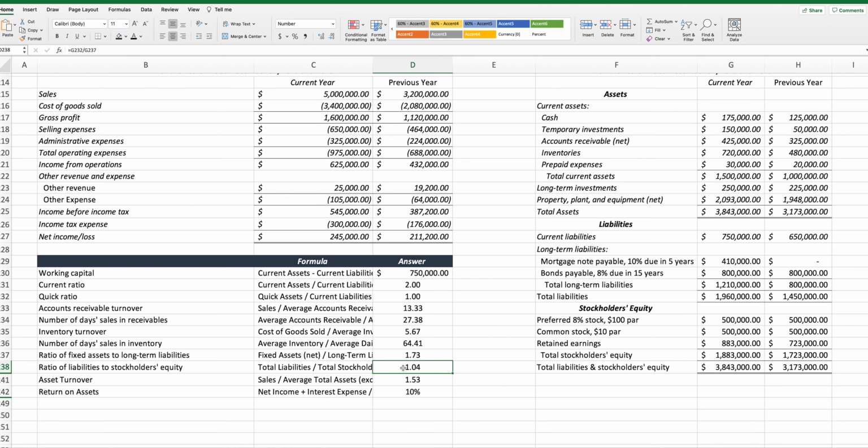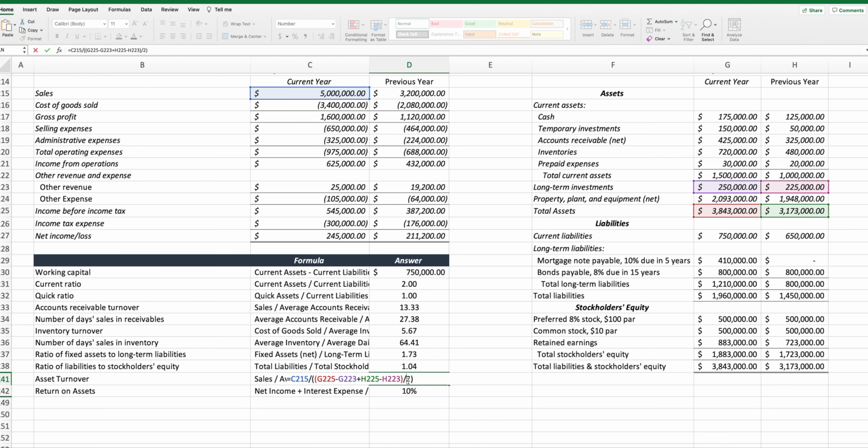Okay, now moving on to our last two, which are the asset turnover and our return on assets. With the asset turnover, there's a lot going on here, right? I want to take my sales and divide it by my average total assets, but I don't want to include my long-term assets, because what I'm measuring here is how efficiently a company uses its assets.